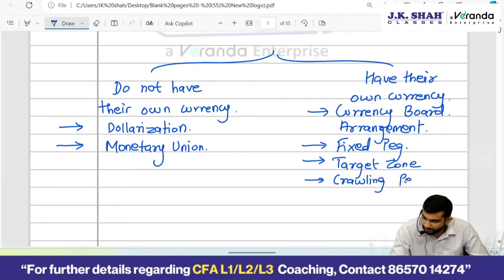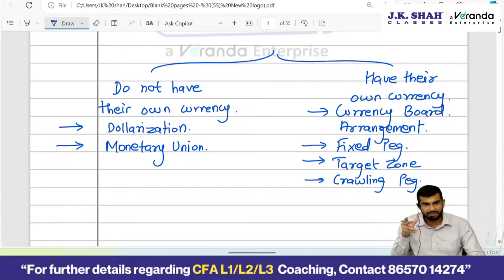In a crawling peg also, as a country, I will peg my country's currency to another country's currency, but periodically I will change the pegged exchange rate. Whereas in the case of a fixed peg, the pegged exchange rate remains the same. Okay, in a crawling peg, as per the changes in economic conditions and all, the pegged rate also can change. It won't be so stubborn. Now you need not remember the names of the countries which are following fixed peg or target zone or crawling peg. You just need to know the concept.